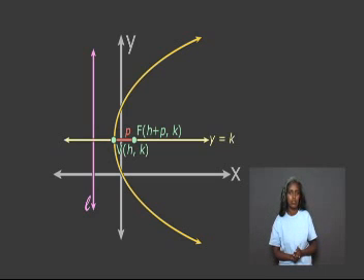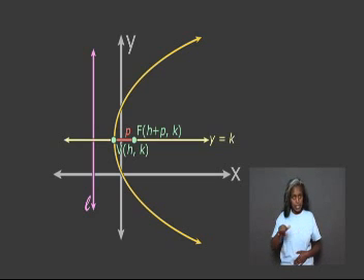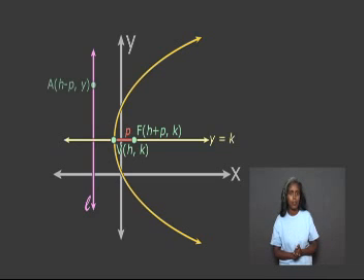In order for this shape to be defined as a parabola, all the points on the parabola must be the same distance from the focus as from the directrix. Therefore, a point A on the directrix will have the coordinates (h minus p, y).